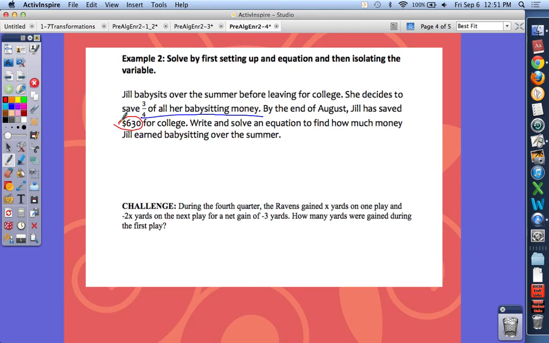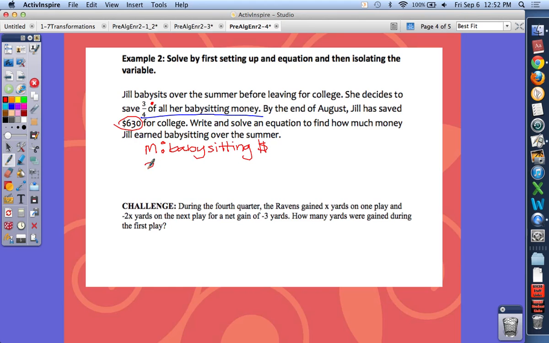Choose a variable to stand for what we don't know. So what's something we don't know in this word problem? We don't know how much babysitting money she made. So I'm going to say M is my babysitting money. Now remember, what does the word of mean in math? What operation does that lead you to? Hopefully you're saying multiplication.